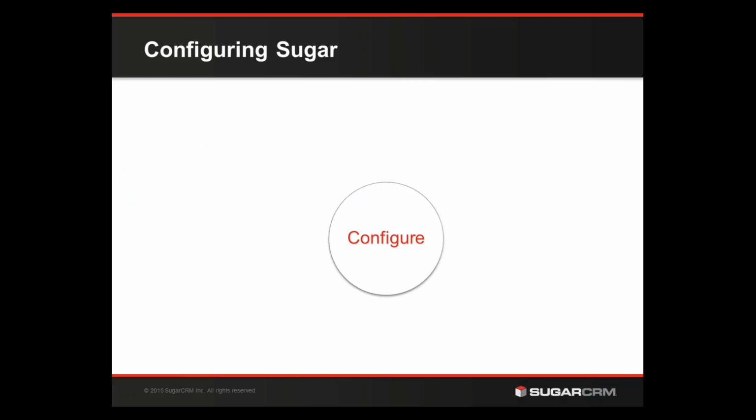Some of the things in your process you may determine need code customization. Customization means you're going into the code, the back end of Sugar, and affecting Sugar in that way. Configuration is going through the UI, the user interface, and making changes within Sugar. All configurations are upgrade safe, meaning that if you make a configuration in Sugar and you go to the next version of Sugar, it will upgrade to the next version.